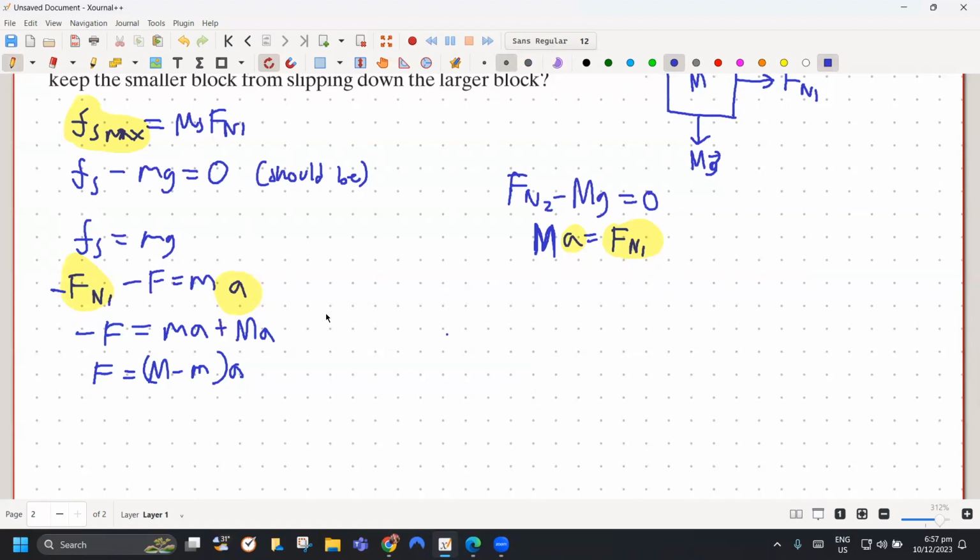Teka, hindi pa tayo tapos. Tingnan mo yung big F. Anong direction ng big F? Tingnan mo uli yung free body diagram mo. In what direction is big F pointing?